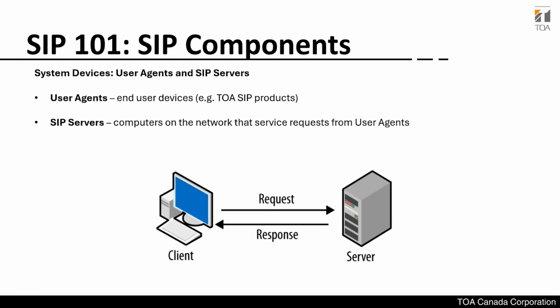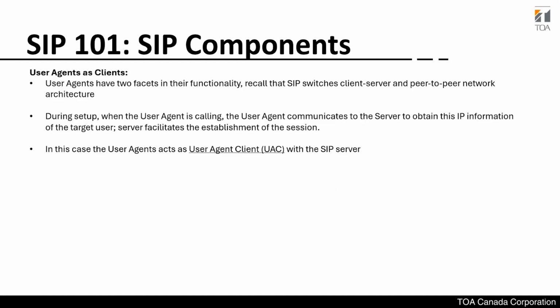User agents are end user devices like your SIP phones, your application on your phone, and other devices that support SIP. SIP servers are computers in the network that receive requests and respond to the requests of the user agents. User agents have two roles in their functionality.